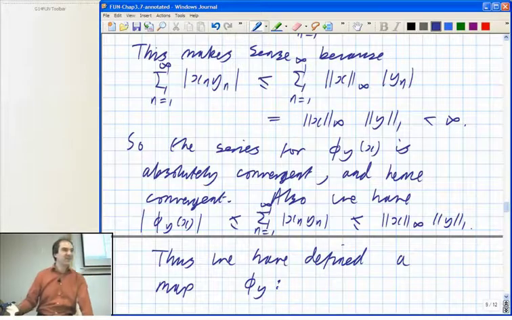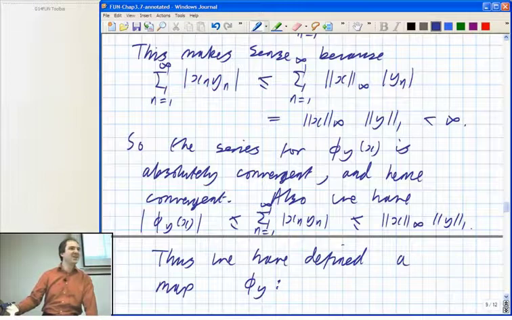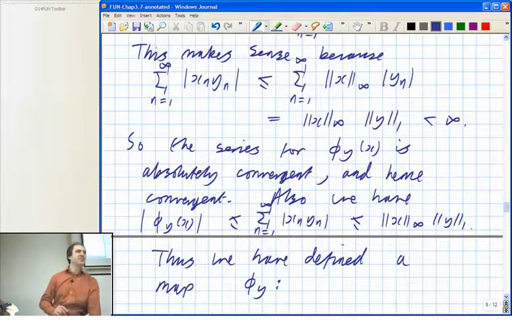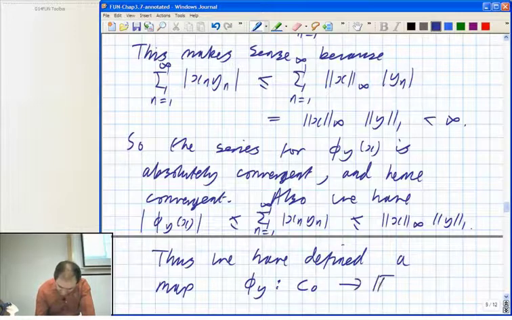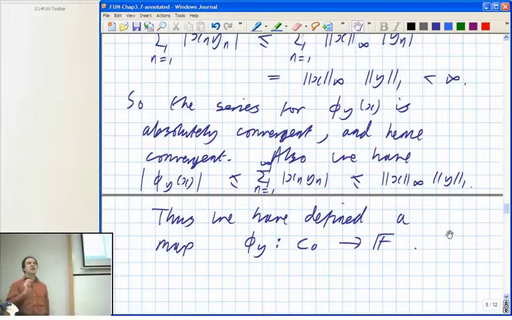Phi is the English pronunciation and phi is American and Greek. And that therefore is probably better. Phi y defined on little c0 taking values in F. So at the moment y is still fixed and I want to look at the properties of this map phi y.